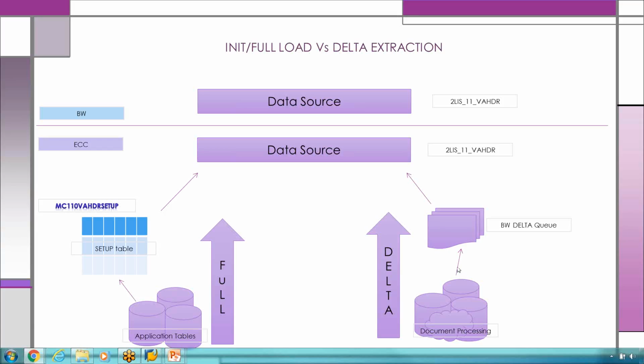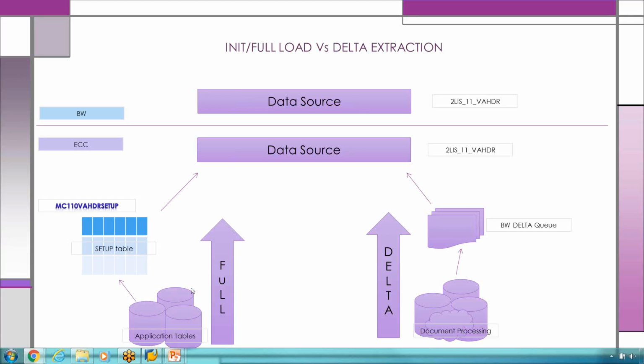Sales and distribution is very important data, so they will always need to know every hour that the data has been extracted. It's collected in the delta Q, and at night we will load the data into business warehouse using a process chain. So this is the delta extraction.